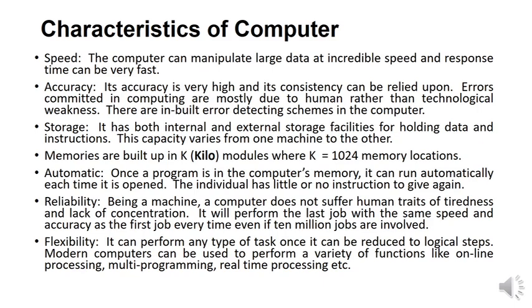So if your program is very sophisticated from the beginning, definitely you will not be having errors when the computer is producing a result. That's what they mean by accuracy.